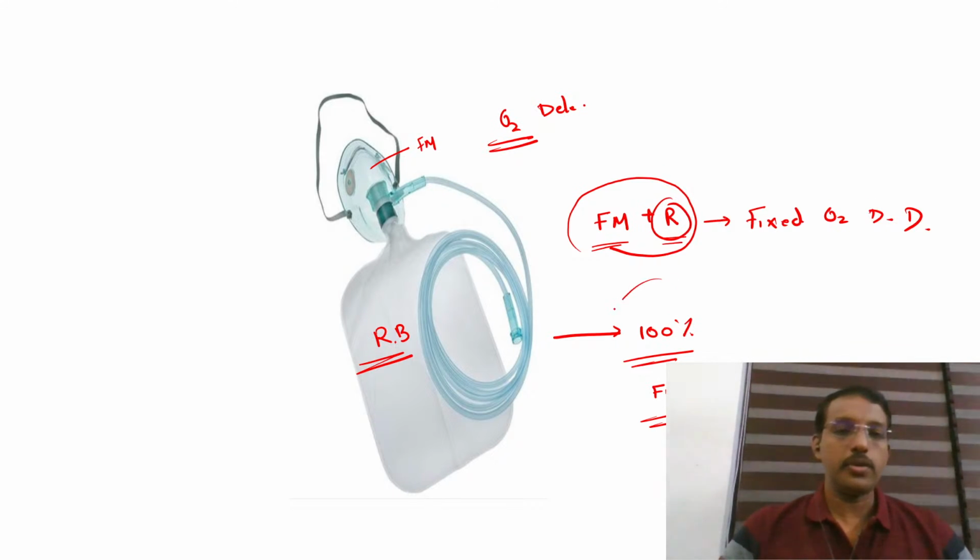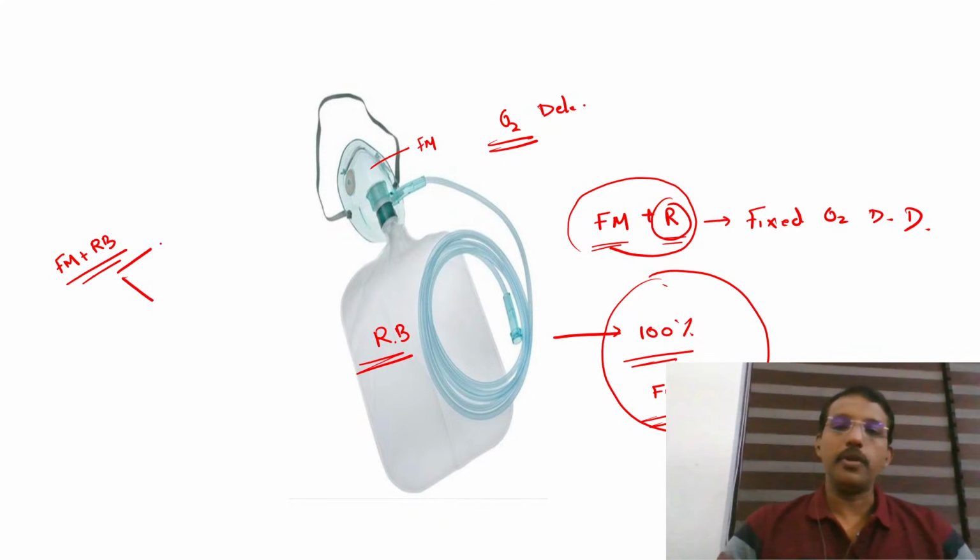Now to add more into this question, please concentrate. Face mask plus reservoir bag can be of 2 types depending upon the presence of a unidirectional valve. If the combination has only one unidirectional valve, it can give around 75% FiO2.